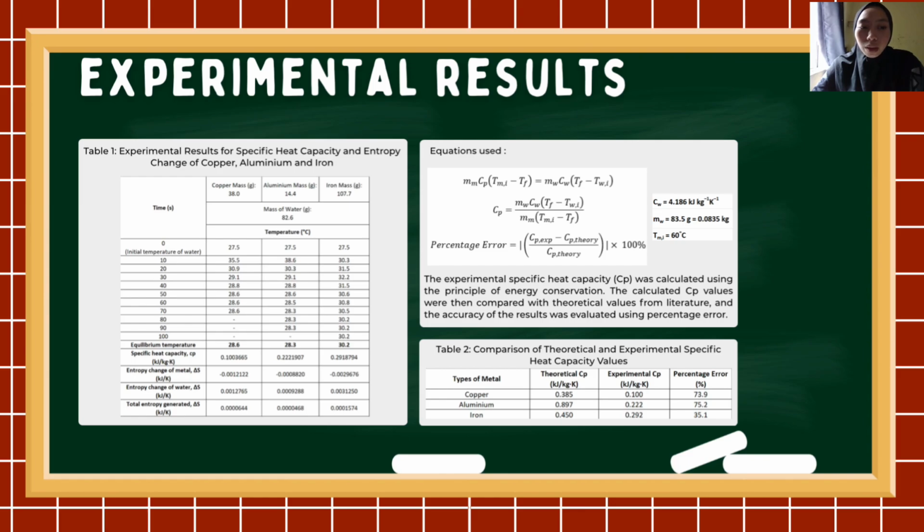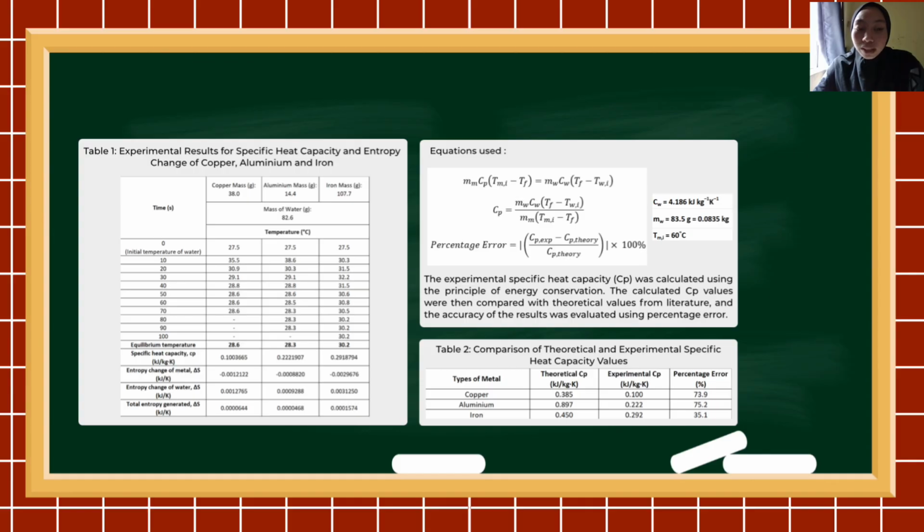We recorded the temperature three times until we got a constant temperature. The equilibrium temperature for copper is 28.6, aluminium 28.3, and iron is 30.2. Specific heat capacity for copper is 0.1, aluminium is 0.222, and iron is 0.2919.